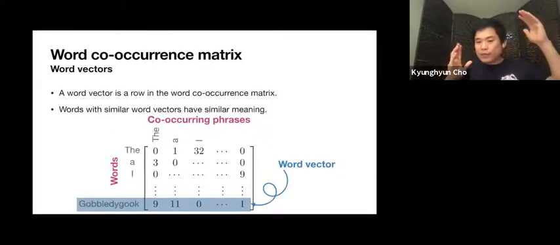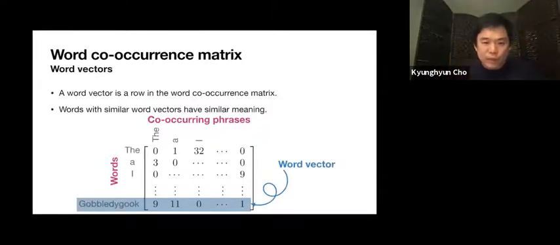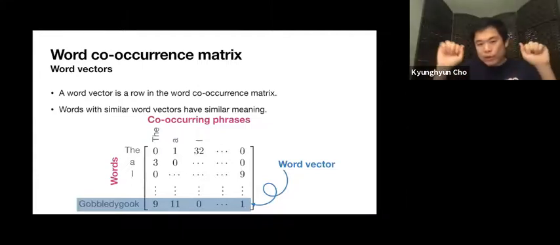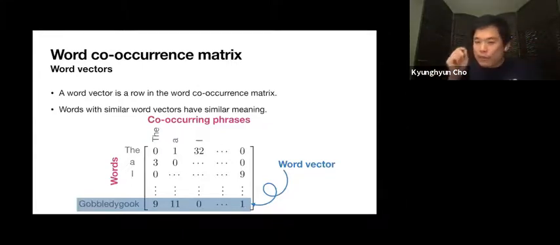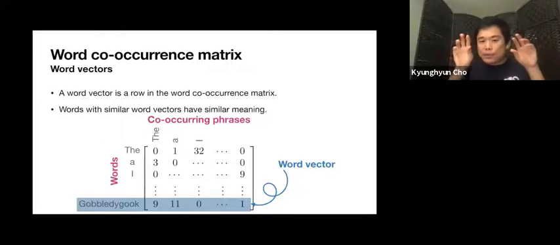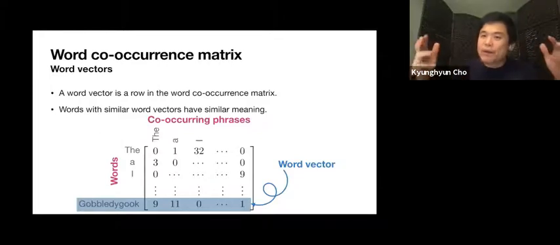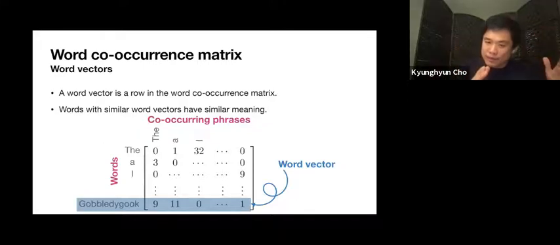Now, once we have this word co-occurrence matrix, we suddenly have a concept called a word vector. And then this word vector corresponds to a row in the word co-occurrence matrix. And what we realize based on the distributional hypothesis is that any 2 words with similar word vectors have similar meanings because they appear in similar context.